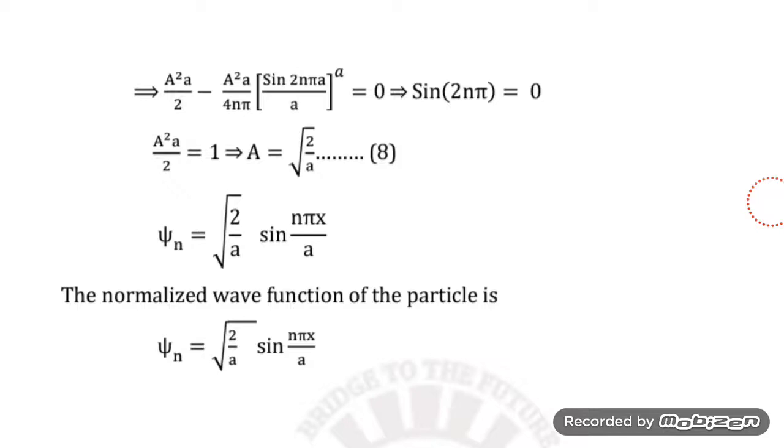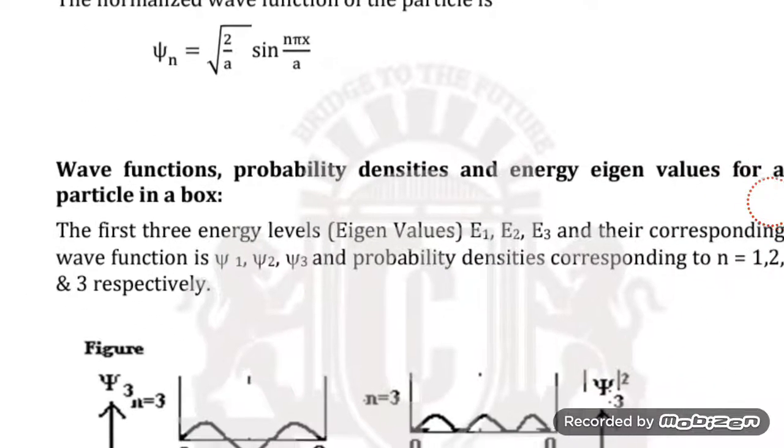So by putting the value of A we have root 2 by a sin n pi x by a. So the normalized wave function of the particle is psi n equal to root 2 by a sin n pi x by a.